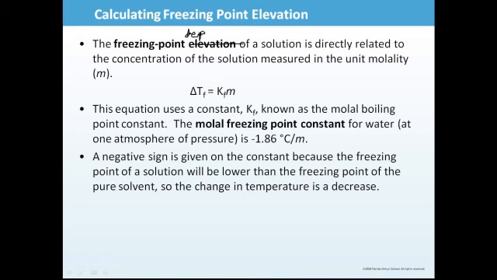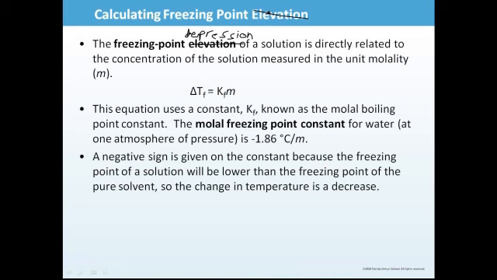Okay, remember we talked about in the regular lesson that when you are adding salt to a solution, it interferes with the freezing process. So it takes longer, so it means the temperature is going to continue to decrease. So it's freezing point depression.